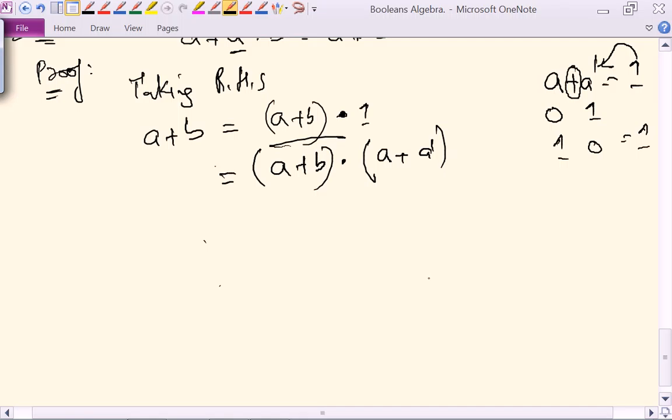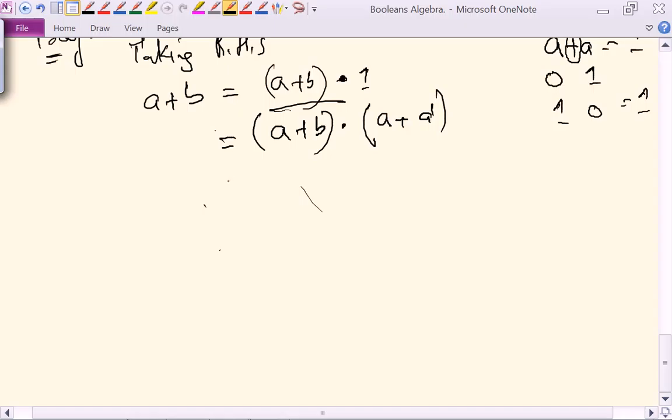Now I have to do a little work to get back to my left hand side. You getting me what I'm doing? Okay. Now what we do is we multiply this A or B into A and also into this A complement.